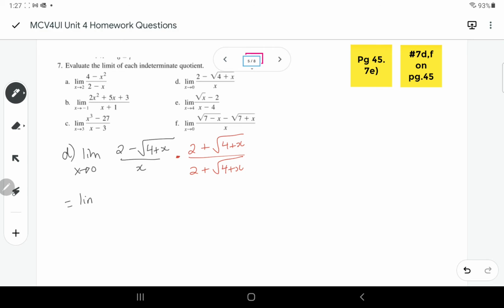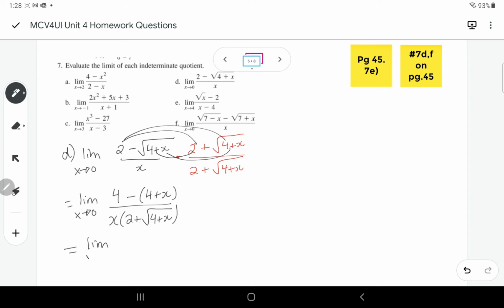So here we've got the limit as x approaches 0. And when I FOIL this out, you're going to lose the middle two terms. So 2 times 2 is 4, plus 2 times the square root of 4 plus x, minus 2 times the square root of 4 plus x. I'm not going to rewrite that every time. Minus 4 plus x in brackets over x times 2 plus square root of 4 plus x.